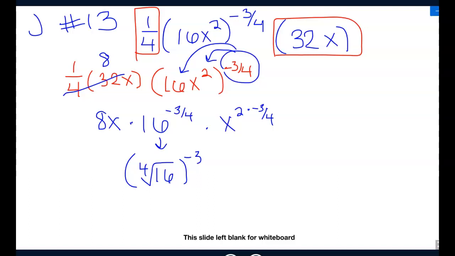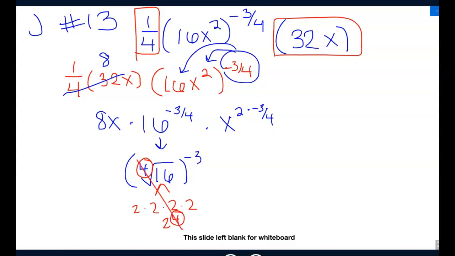So 16 is really 2 times 2 times 2 times 2, right? So 16 is really 2 to the 4th. So the 4th root of 2 to the 4th becomes 2.